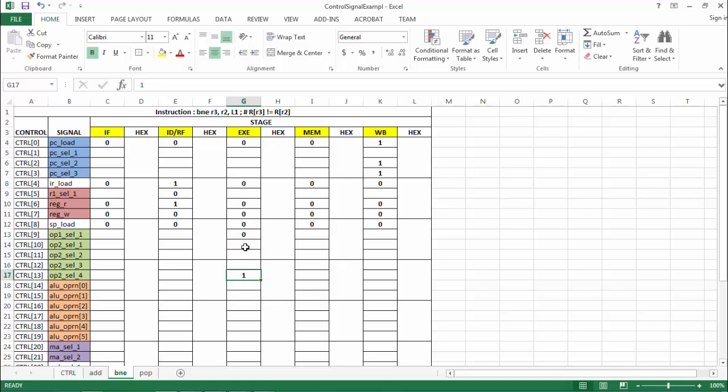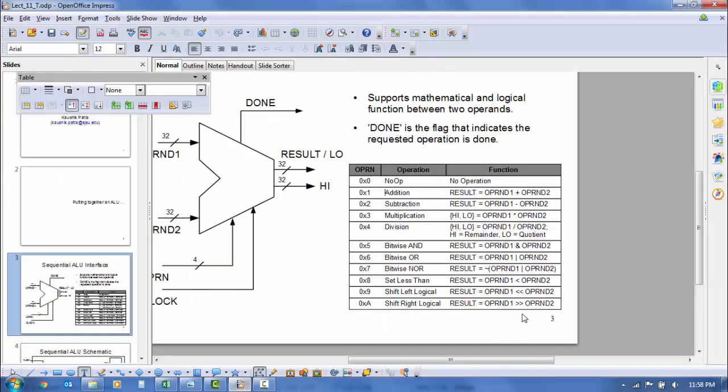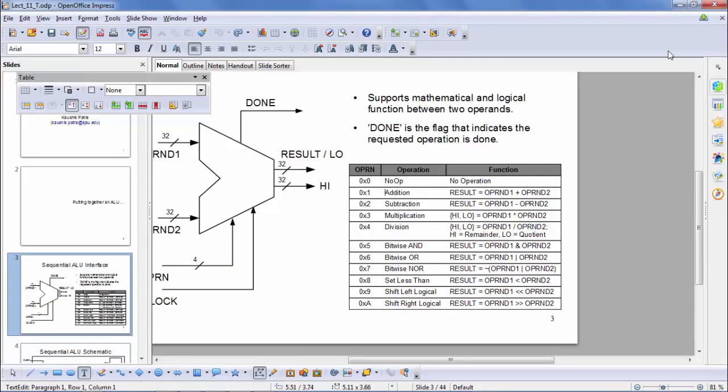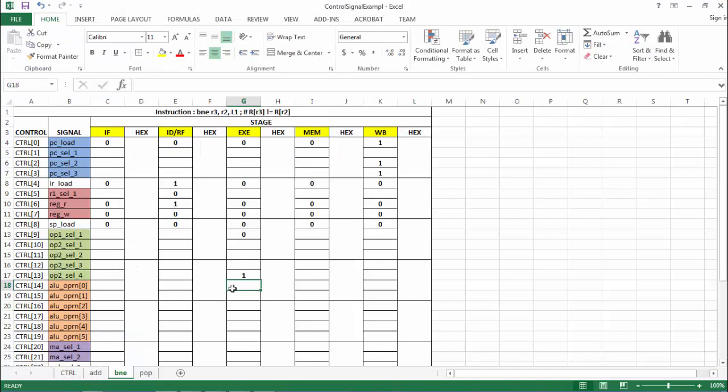And then select 1, 2 and 3 are kind of okay. Let's not worry about that right now. An operation code would be subtraction, which is 2, 0, 2. So that means it has to be 0, 1, 0, 0, 0, 0, right? That is a 2. So this is important.